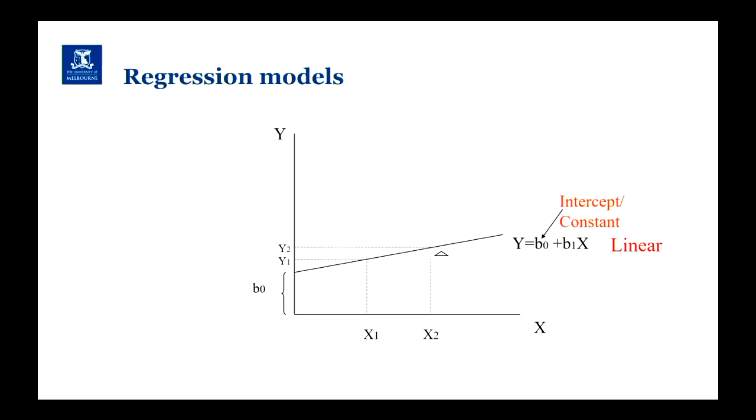Normally we call it intercept or constant, which is the connection of the line and the y-axis, or the axis of the dependent variable. And also we have the coefficients of the independent variable, which shows the slope between the dependent variable against the independent variable.